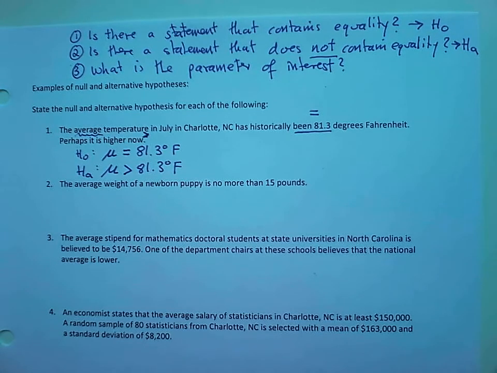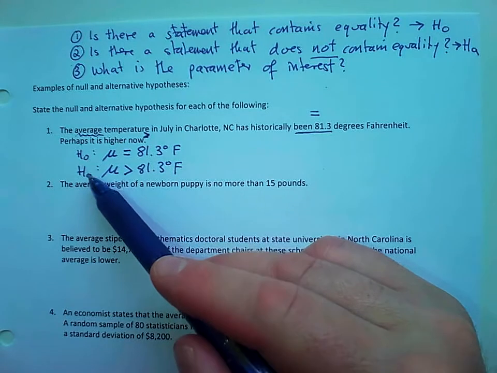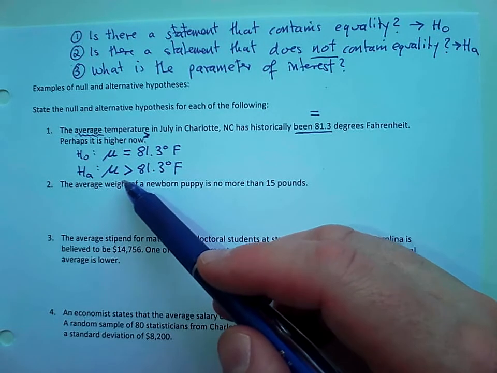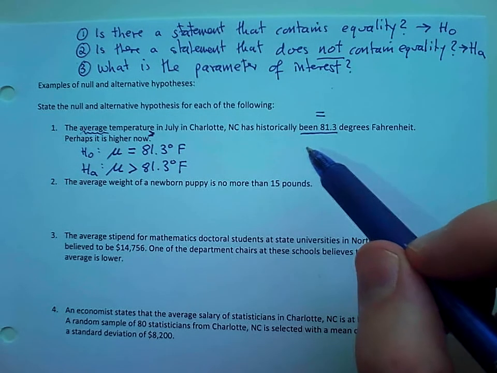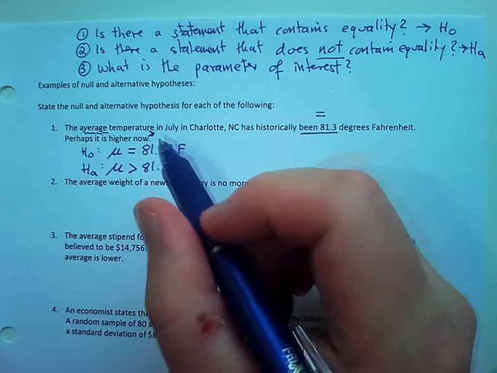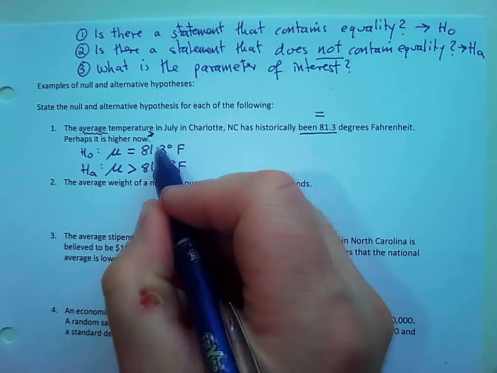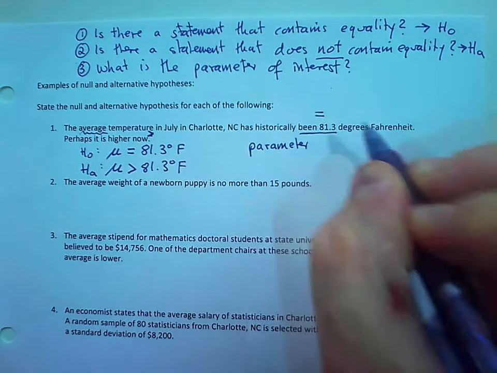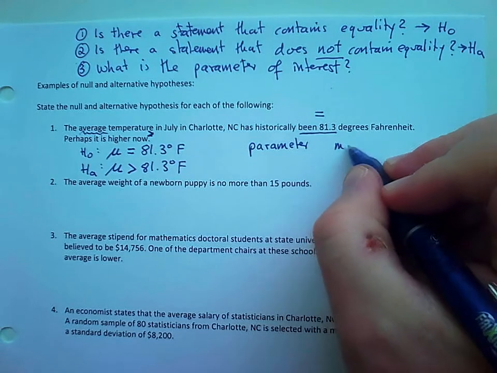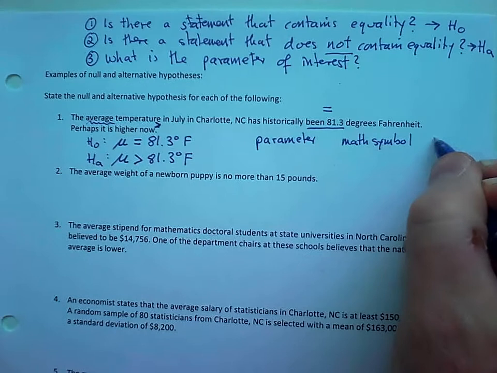Alright, so a couple of things about this. We have our null hypothesis, and our null hypothesis contains equality. We have our alternative hypothesis, and our alternative hypothesis contains a symbol that does not have equality. What I want to point out too is that it's really, really important that we're writing our hypotheses as our parameter, then next some math symbol, and then next some number.